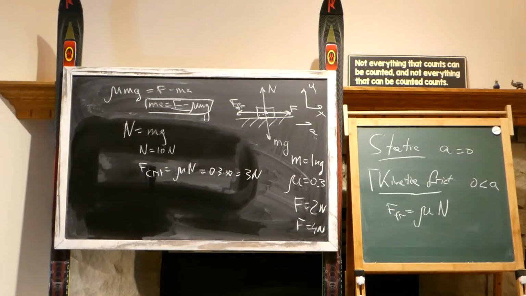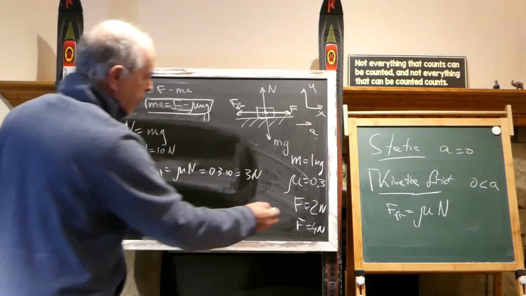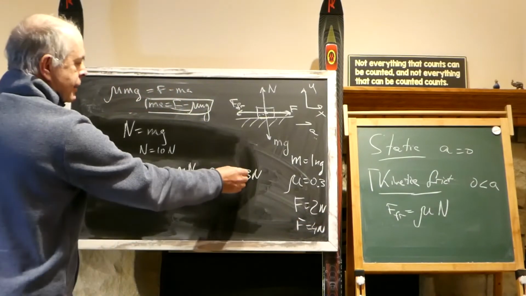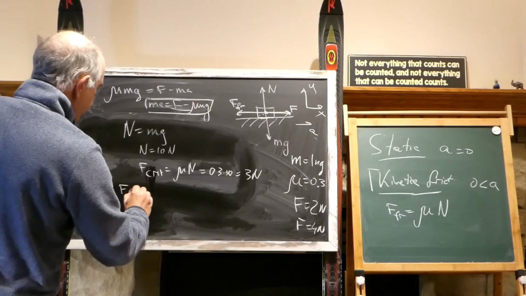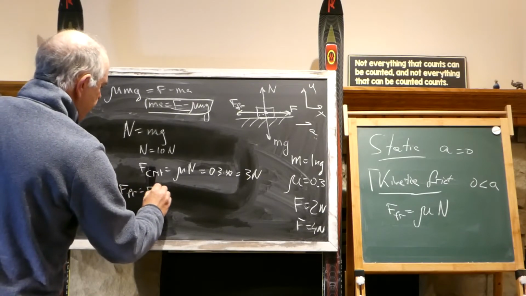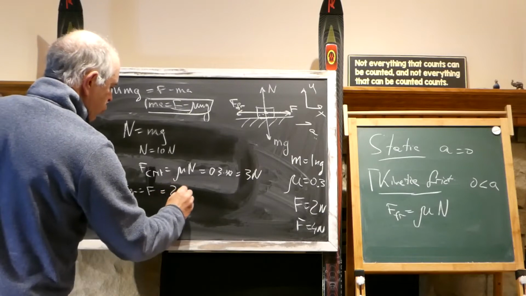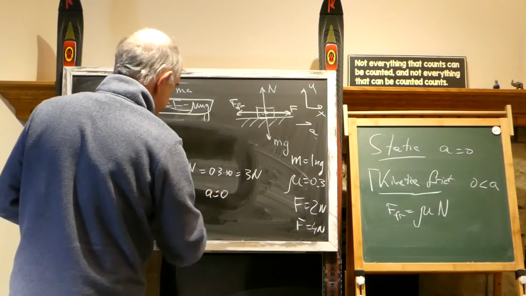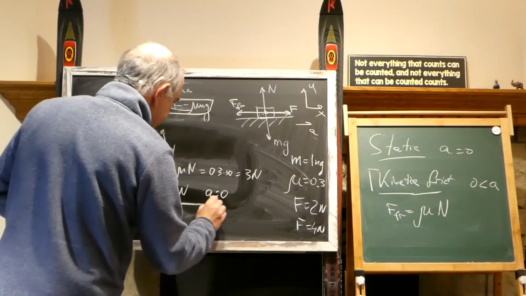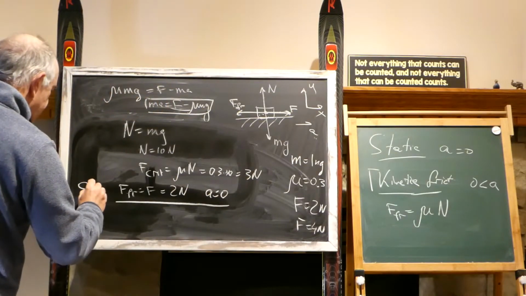So basically this is a critical situation. If we apply 2 newtons, it's less than 3, and F friction equals F, equal to 2 newtons, and everything can balance, and a equals 0. And this is a static situation.